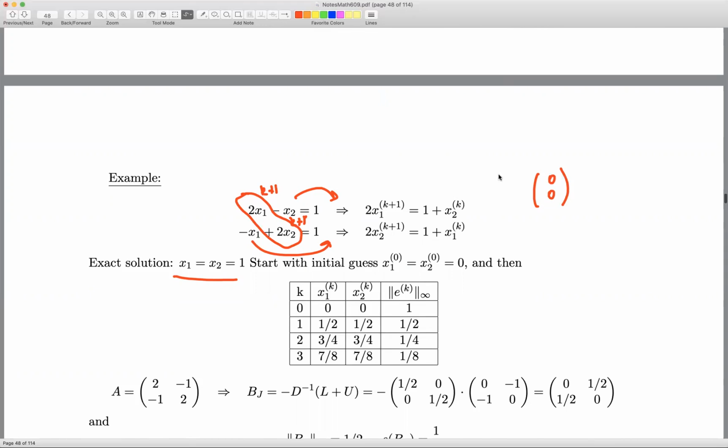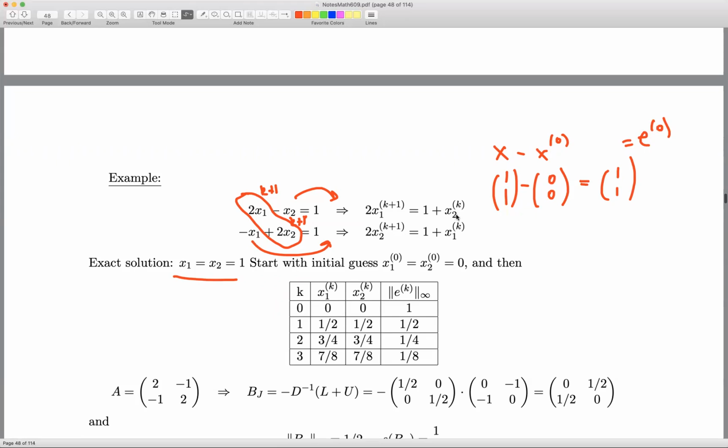The error will be x minus x0, which is the vector 1, 1 minus the vector 0, 0. So the error vector will have components 1, 1. If we look at the infinity norm of this error, it will be 1.